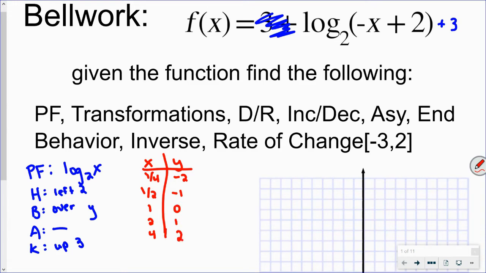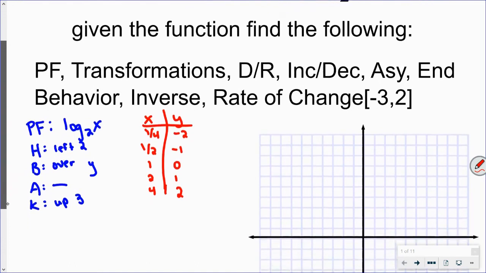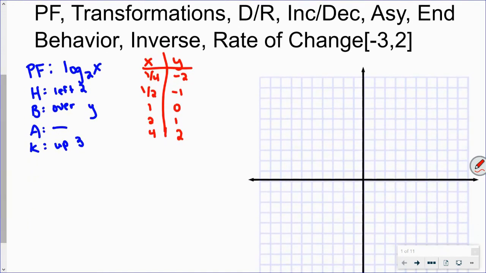And remember, this is the inverse of 2 to the x. So if I switch those x and y's, I get 2 to the x. So if we graph the parent function here, 1/4, -2; 1/2, -1; 1, 0; 2, 1; and 4, 2. Okay, here's our parent function.